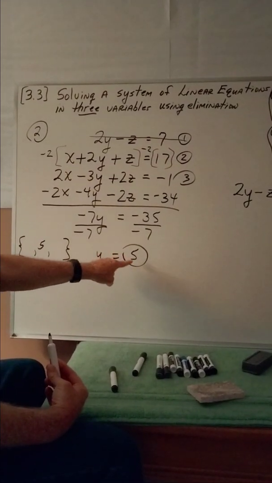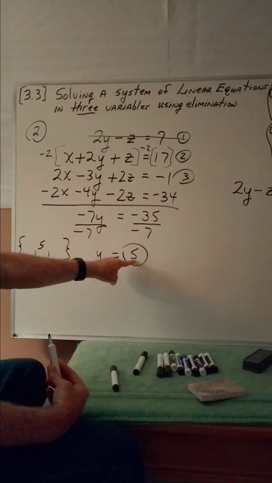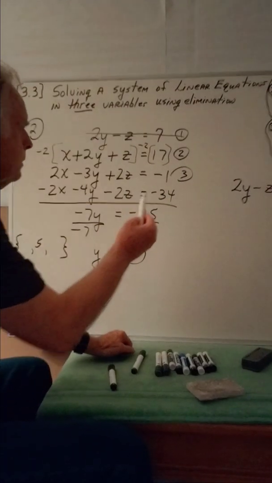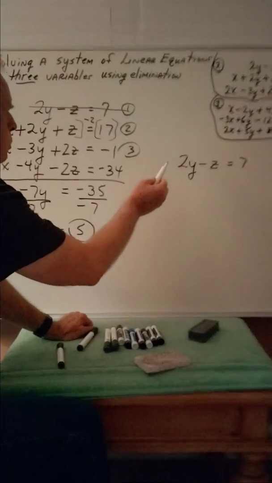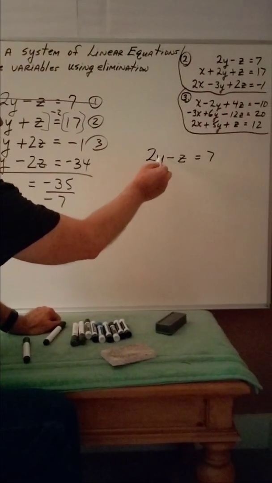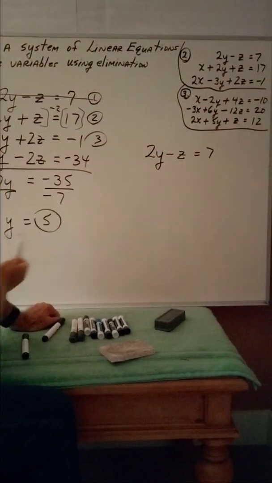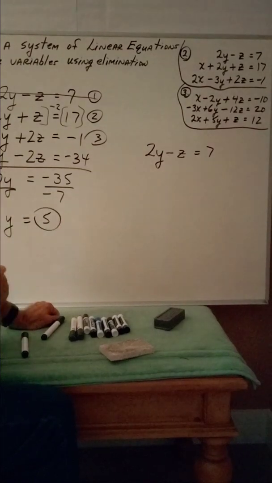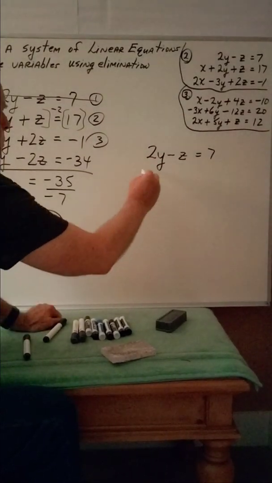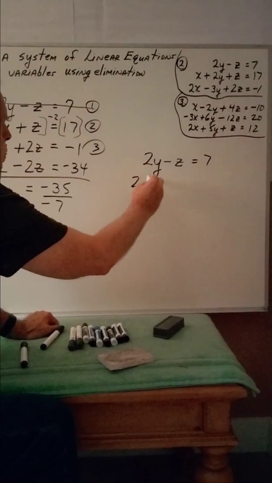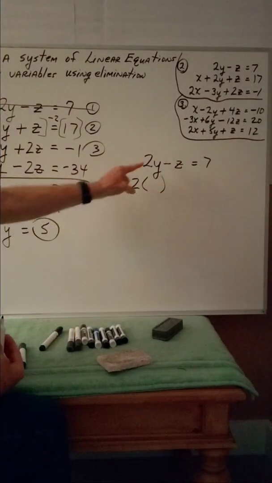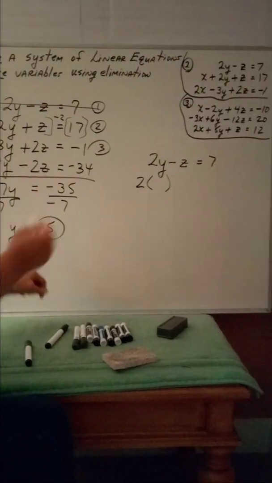Now that we know that y's value is 5, we can take that value of 5 and substitute it into this equation, and we'll get our value of z. So bring down that coefficient of 2 and make a house. And in place of y, 5.